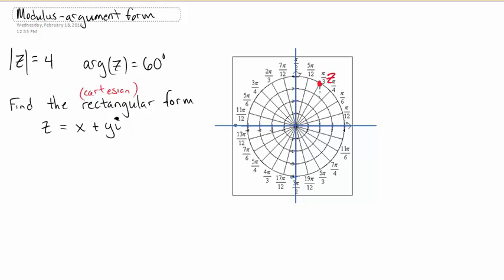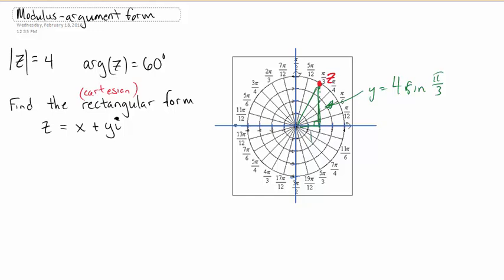And what we're wondering is, what is the x and y coordinate for this? Well, we can use trigonometry. We know that the y side of this right triangle that I can create here is the modulus, in this case 4, times the sine of pi over 3. The modulus times the sine of the argument.